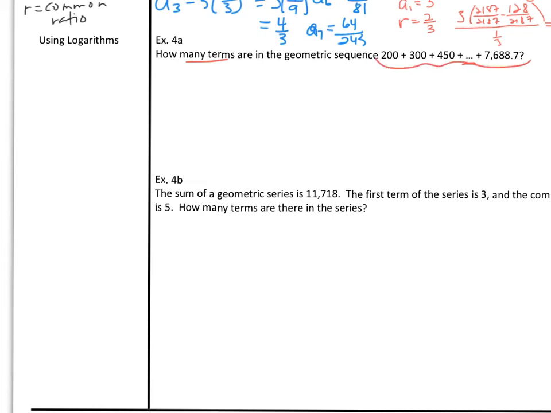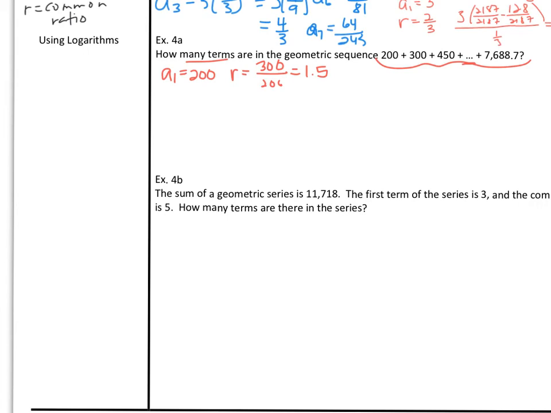Here's what we do. We figure out our first term and our common ratio. Our first term is 200, so that's easy enough. To get that common ratio though, remember our formula from day 1. We take the second term divided by the first term. 300 divided by 200 is 1.5. Now we don't have to test it each time because it does tell us in the directions this is a geometric sequence. So the second term divided by the first term would be our ratio each time.